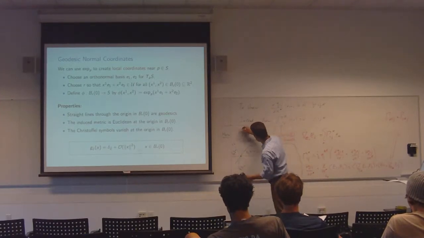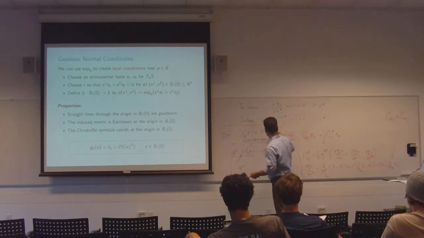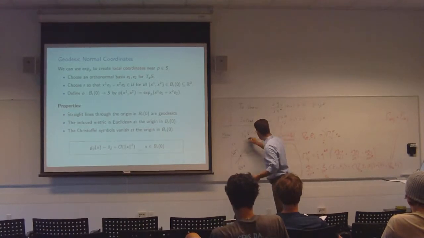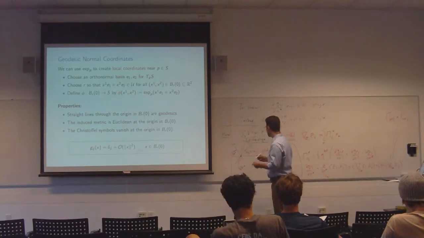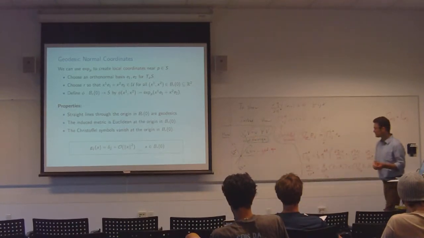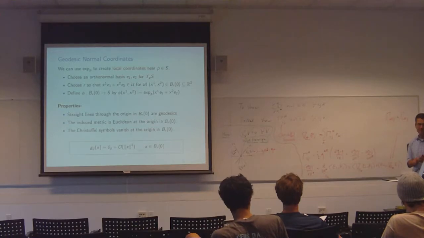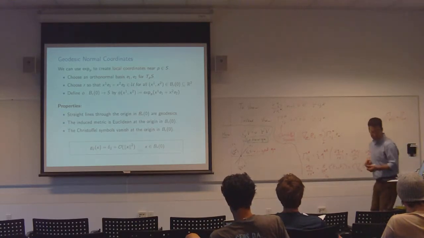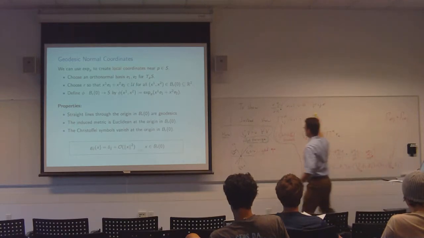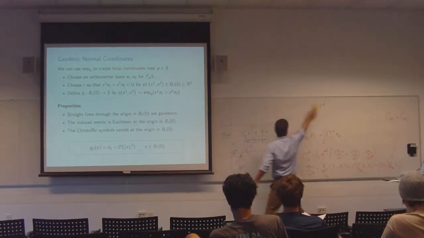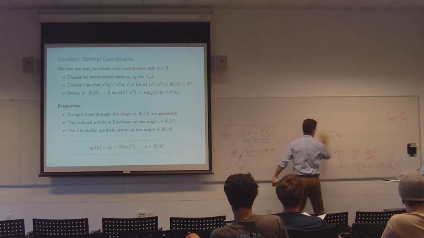This needs to go into a box, and this needs to be emphasized: it's true at the origin, not everywhere. Make sense? Okay, now watch this. This is the cute trick that I was telling you about.